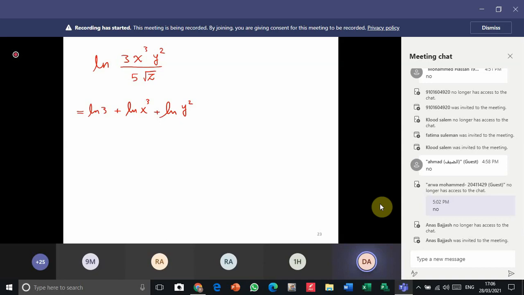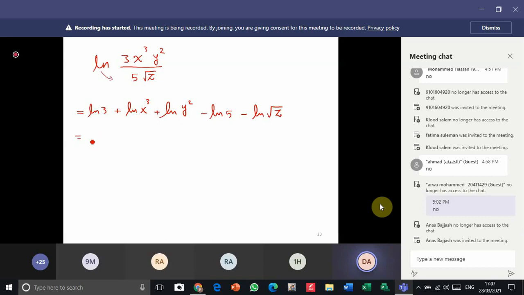This is the numerator. Now we need to distribute the ln in the denominator. So we have minus ln 5 minus ln radical z, like this. Minus in the denominator, plus ln in the numerator.